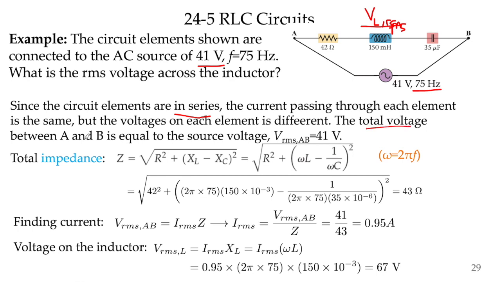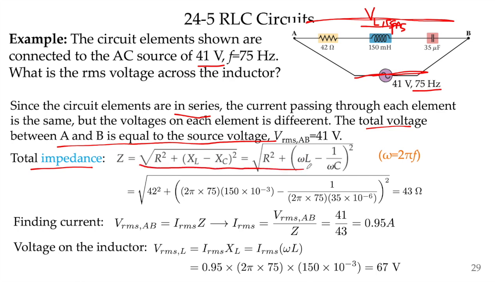So the total voltage between A and B is equal to the source voltage. You know that. I mean, if you have 41 volts here, remember, this 41 volts is parallel to the whole thing between A and B. Okay, so the voltage AB, the RMS value, is 41 volts. Now, what about the total impedance? It's this formula that we found in the previous slide.